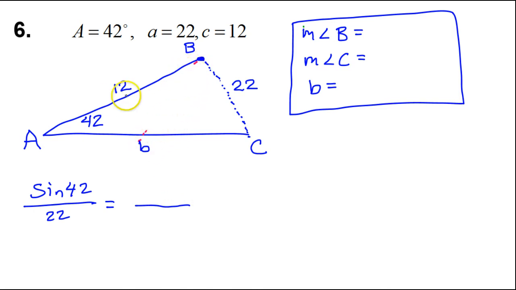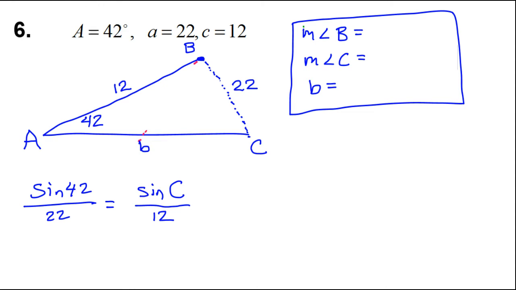Now the other number I have is 12, so I'm going to have to use that. And so that's side C, so now I'll do the sine of angle C in the numerator. I should be able to use this to find angle C.